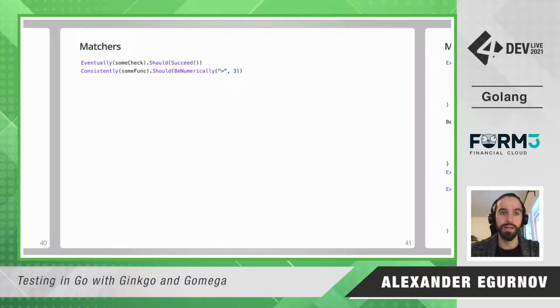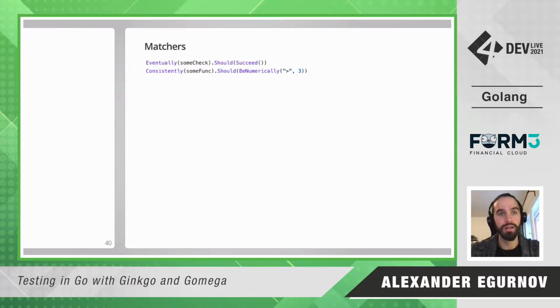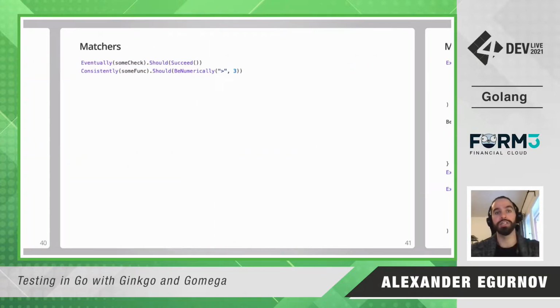They will test that something eventually happens, or that there is a change in the result of whatever you pass to it, either a channel or a function, or that there is no change with Consistently. So you can set time limits, you can set how often this needs to be checked, and very naturally work with all kinds of asynchronous code. So this is a very convenient set of matchers.